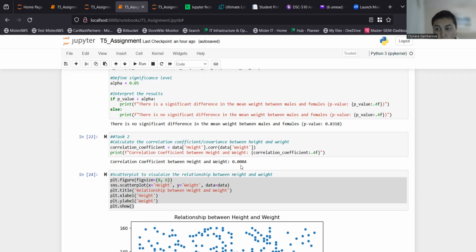If it is closer to 1, it means there is a really high correlation. And if it is close to 0, there is no correlation. The change in one variable doesn't affect any change in the other variable. And negative means negative relationship, which means opposite relationship, and positive means positive relationship.